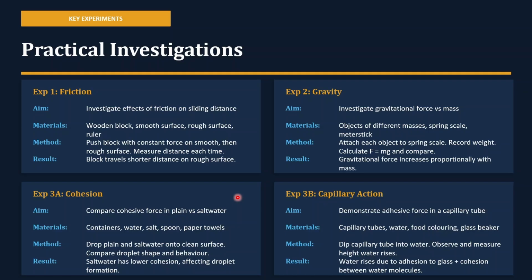After adding salt, you take a spoon and scoop from setup A, which contains only plain water, and then you release it from a height. You realize that they come in droplets. You do the same for the one with the salt inside, and you realize that the droplet formation has been affected. This is because salt water has lower cohesion, which affects the water droplet. So that's one way of demonstrating cohesion, or cohesive forces.